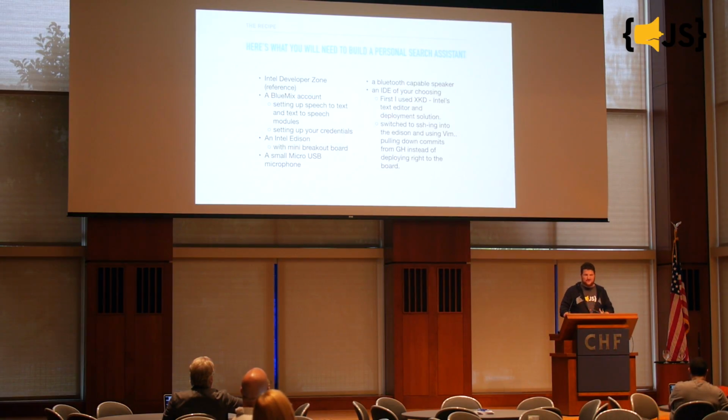You can also deploy straight to the board through there over serial connection or SSH. But I ended up switching over. I'm a creature of habit and I love Atom, so I used Atom, worked on my app that way, pushed it up to GitHub, SSH'd into the Edison, and pulled the project down. I think that was a little bit easier for me.